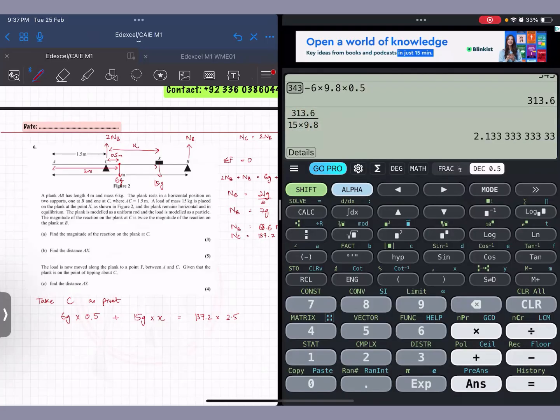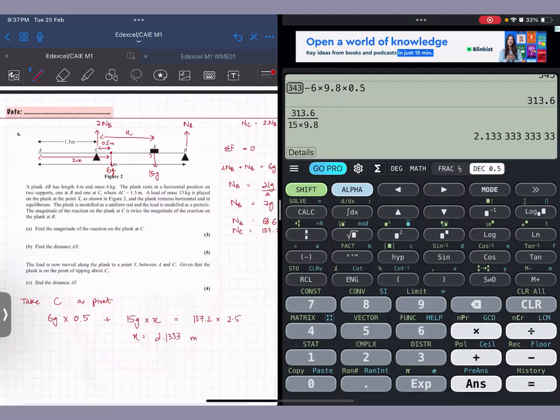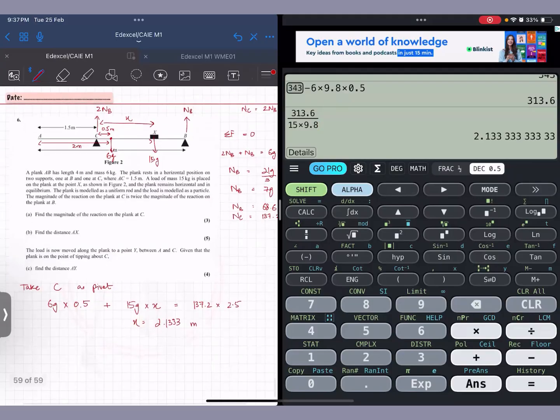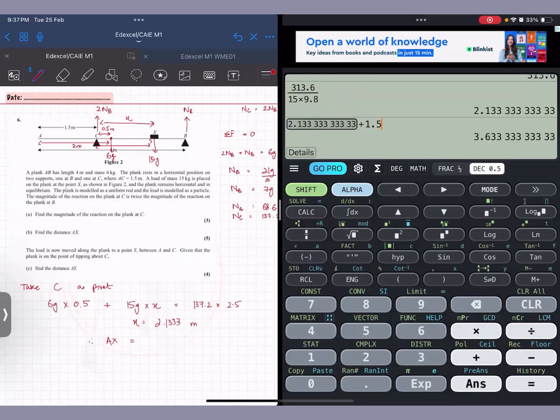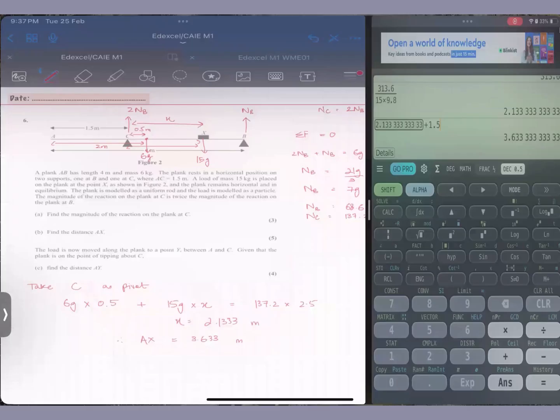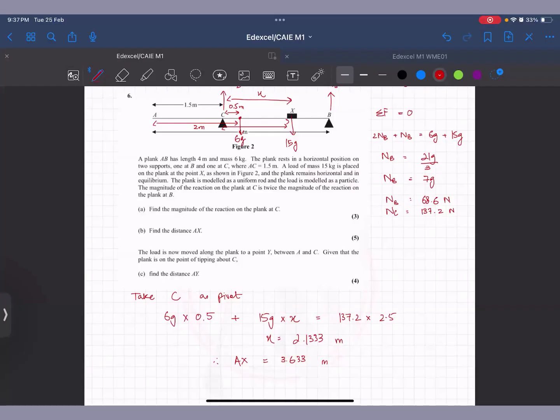So your x is coming out to be 2.1333. But they asked us for the distance AX, the complete distance from A till X. We have found this distance from the pivot to X, so I would just add 1.5, right? So AX would be this answer plus 1.5, so 3.6333. समझ आया? Do you get it? Yeah, I got it.